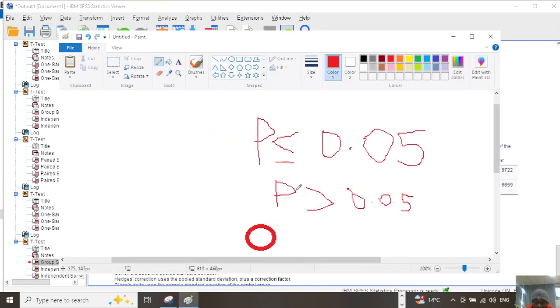We could see that our p-value here is 0.814, and this one here is greater than 0.05, which means it is not statistically significant.